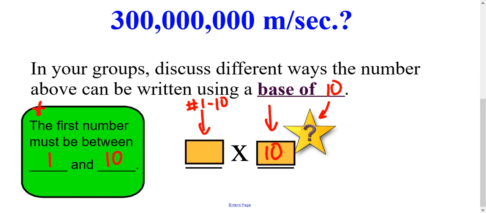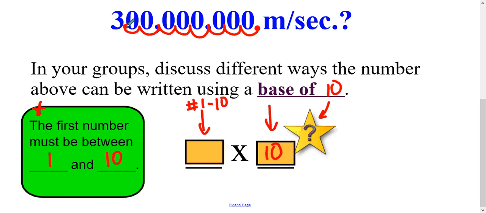So when we're talking about 300 million, we're talking about a decimal, which is at this point right here. And you're going to move that decimal to the left a number of times until you make a number between 1 and 10. And if I stop right there, that number is 3.0.